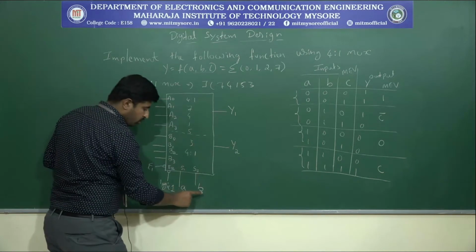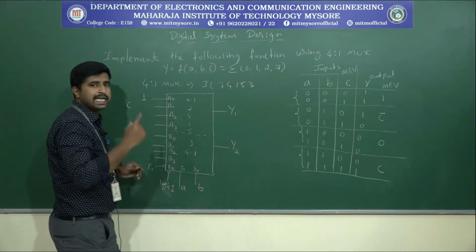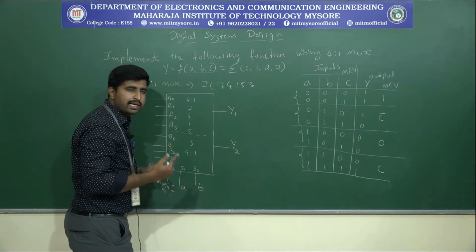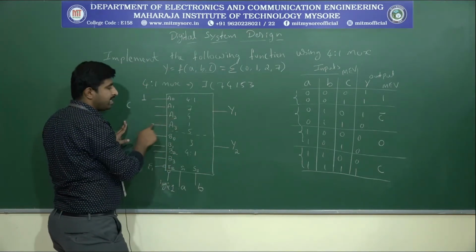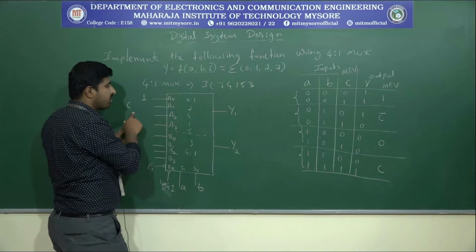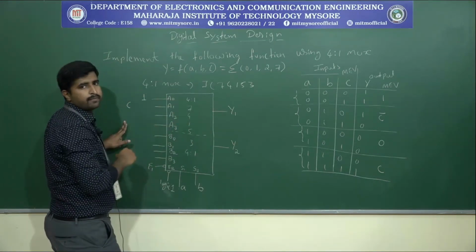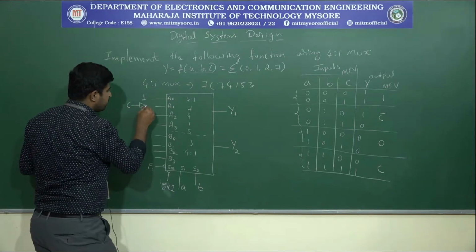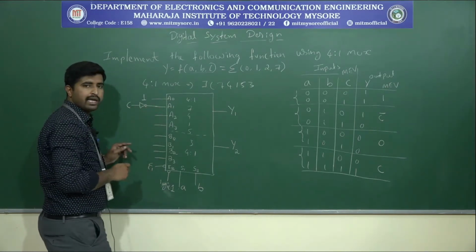Two inputs are connected to the select lines, and one more variable, called the map entered variable, will be connected as an input data line. According to this, the output will vary. So here C bar is needed, so C with the NOT gate will be connected to the A1.